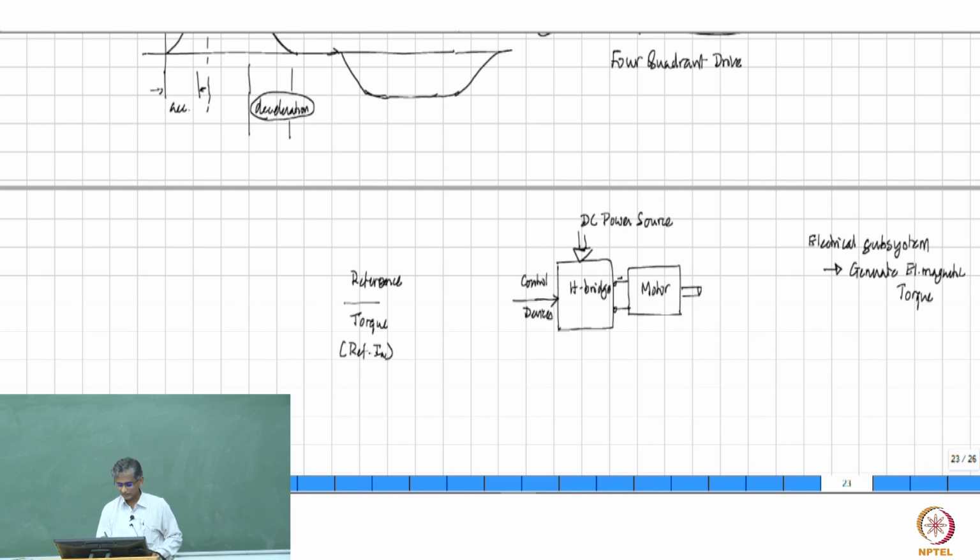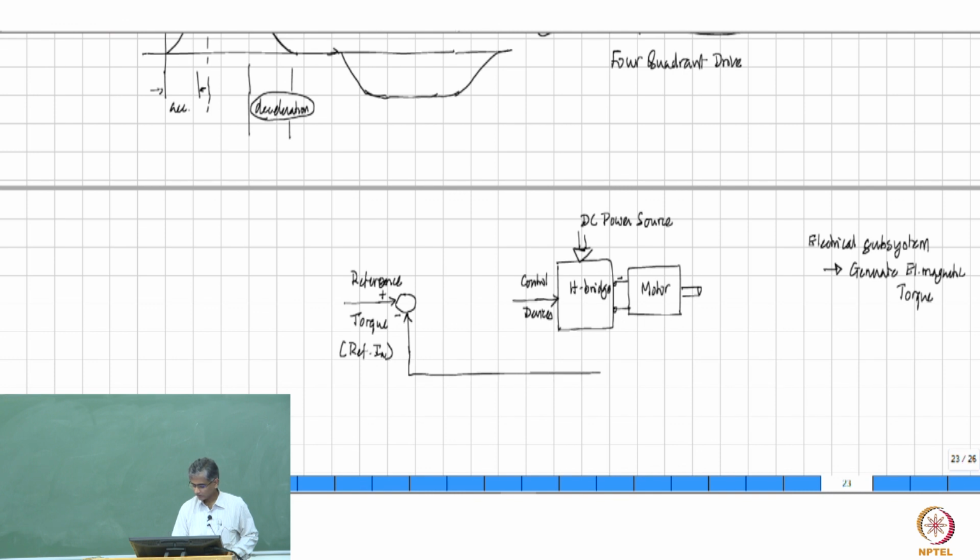It's the same as that. And this reference torque or reference IA is then compared with the actual armature current that is flowing from this, and this determines at any point of time what is the acceleration required in order that you go where you want, probably at the fastest time or whatever.